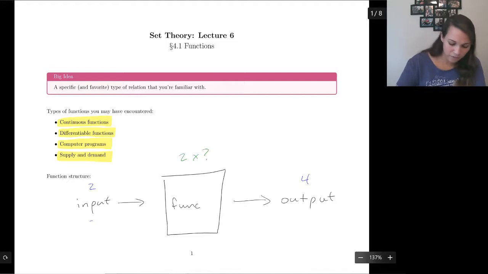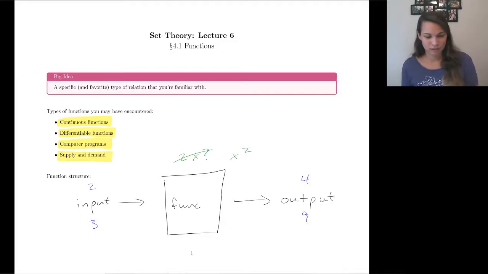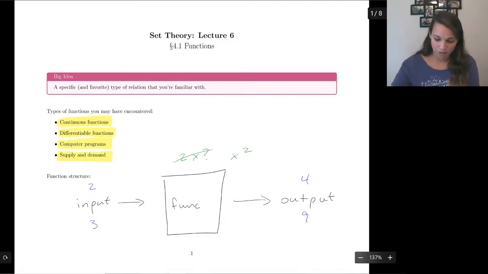And if I give you some more information, like the input is 3, you're going to get an output of 9. You're like, well, maybe it's x squared. Probably is, unless we've got some funky piecewise thing going on. But the important part is I only got one output every time I had an input.